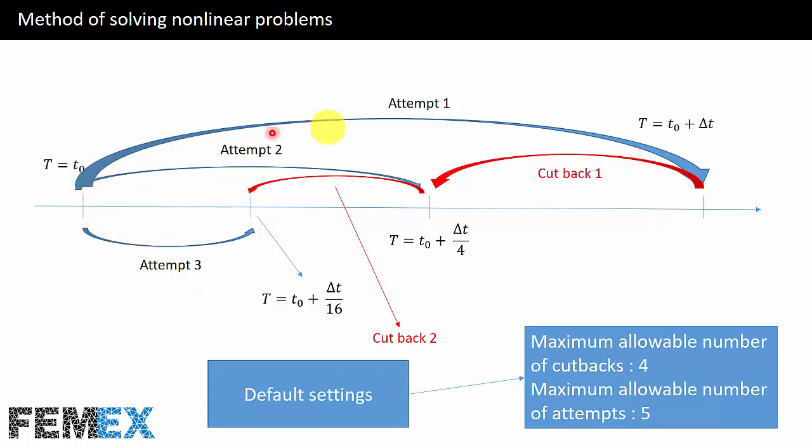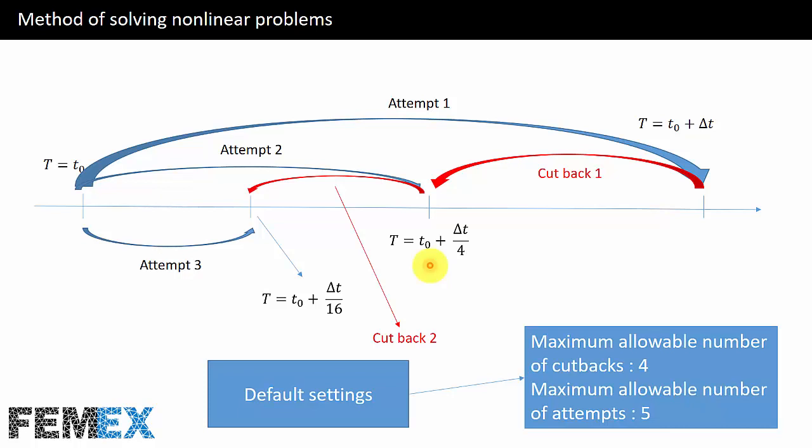This is attempt 1. This is the size of delta T, and this is cutback 1, and this is attempt 2. In attempt 2, the size of delta T will be divided by 4. And then it will be started.